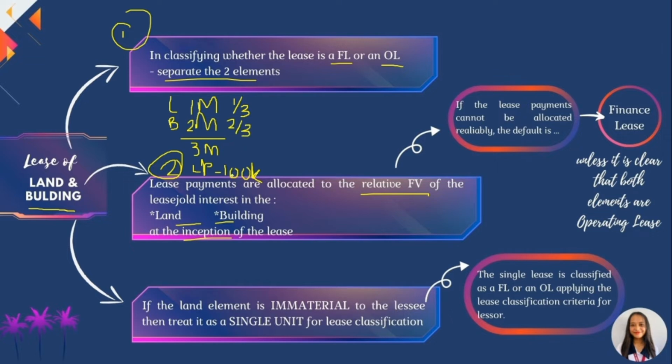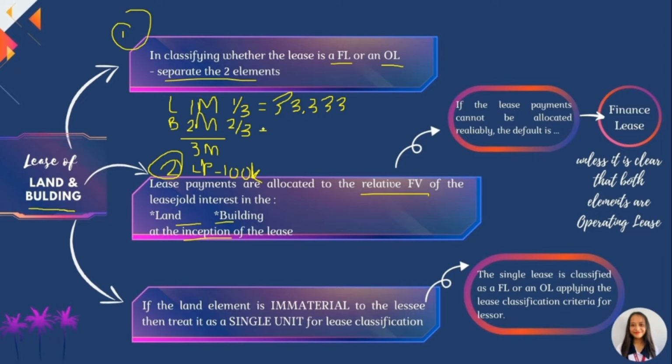Next, you allocate the 100,000 lease payment. So, 100,000 times 1 over 3, that is 33,333 for the land.